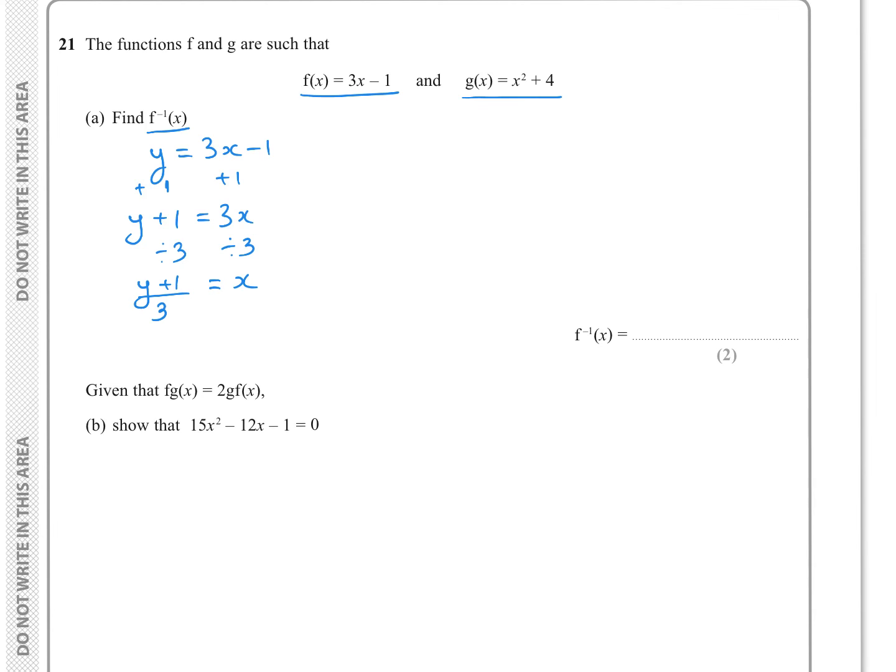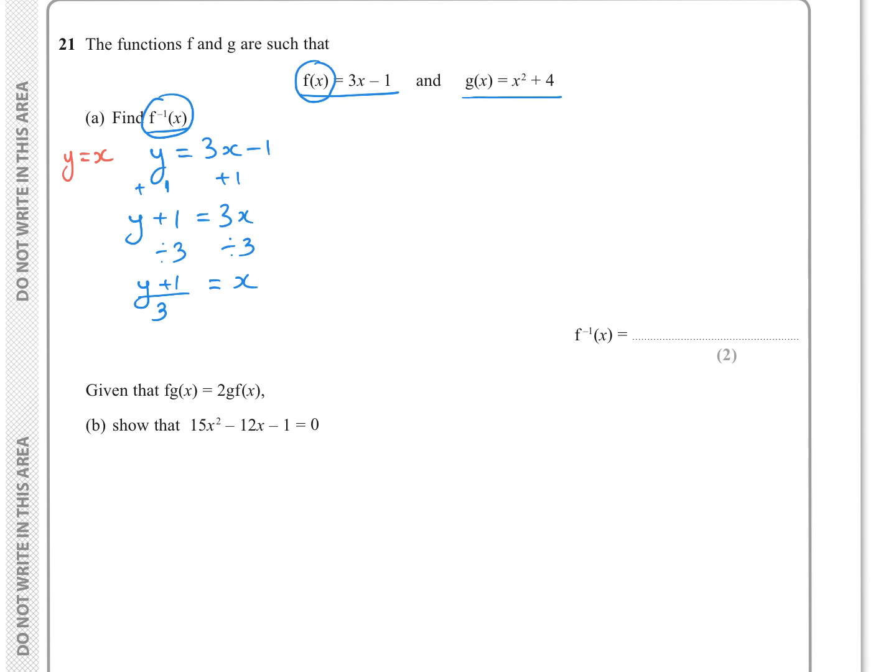And then I say to myself, well, an inverse function, f minus 1 of x and f of x, if I plotted these on the same graph, they would be mirror images of each other in the line y equals x.